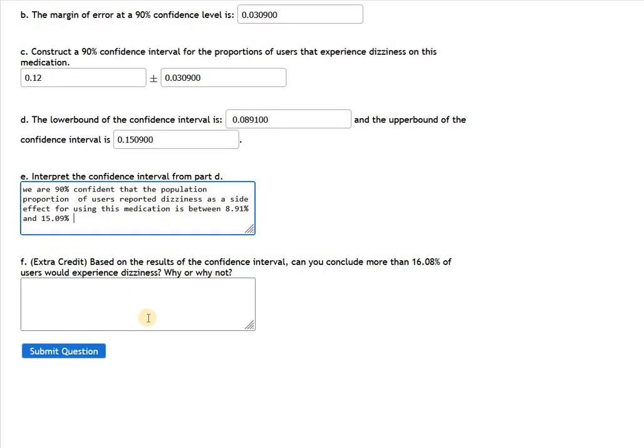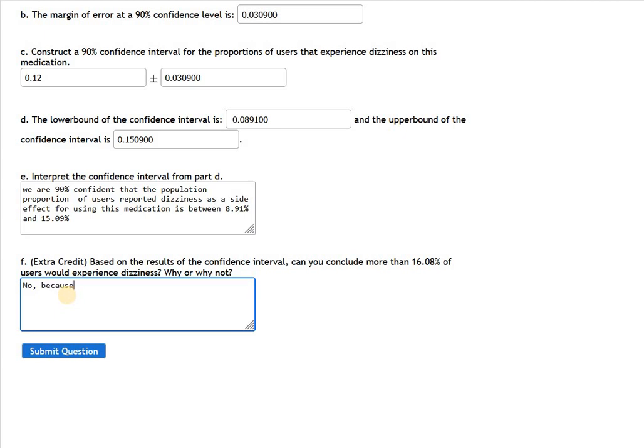This last part, based on the results of the confidence interval, can you conclude that more than 16.08% of the users would experience dizziness? The answer is no. Why is that? Because notice how 16.08 is more than the upper bound, so it's outside of the confidence interval that we have here.